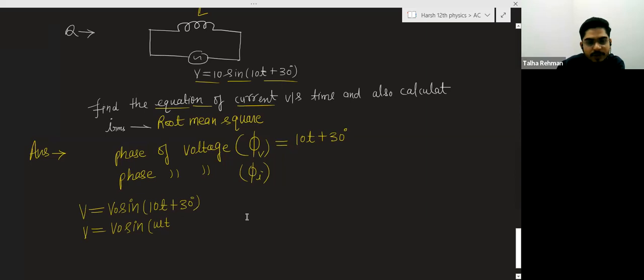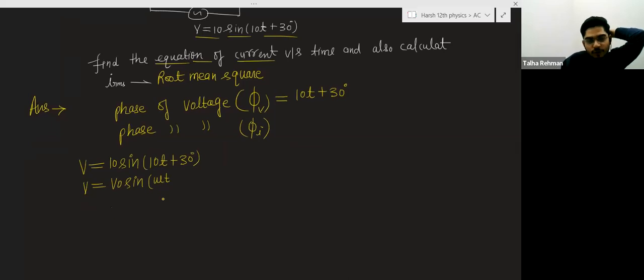This is omega t. When you compare, instead of V naught it is 10 here. So V naught you will get as 10 volts.